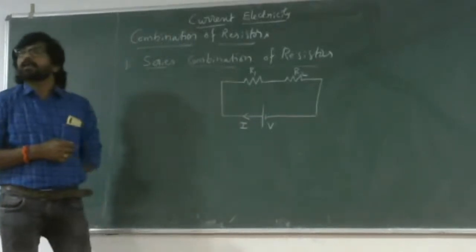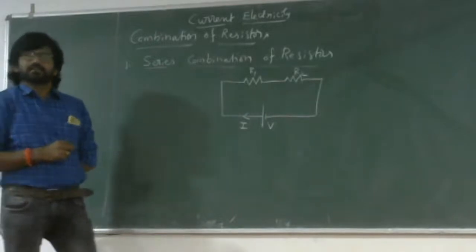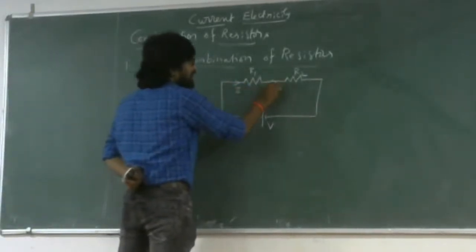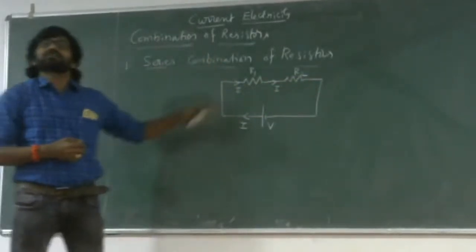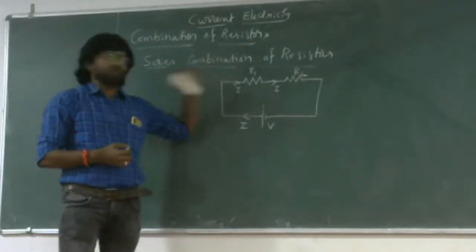The same current passes through each and every resistor. This kind of combination is called series combination. Is it clear?